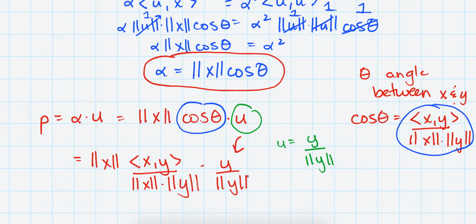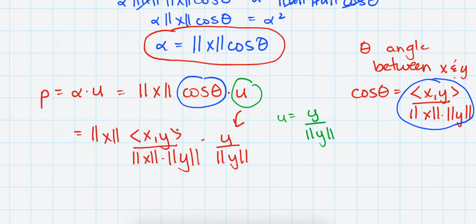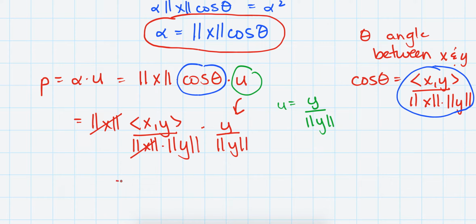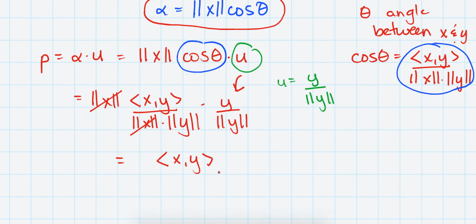And now we just kind of clean this up. We have this crosses out two of these, and we're left with this number, the dot product of x and y, all divided by the length of y squared, because I've got two of them, times this vector y. And what does that leave me with?